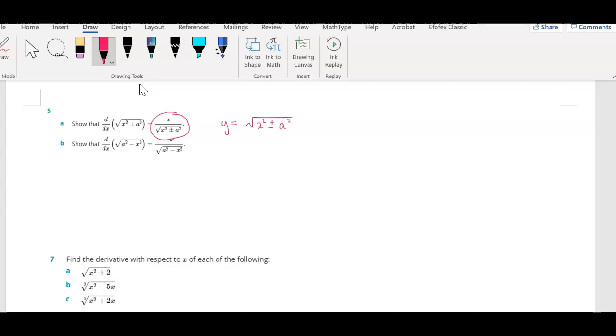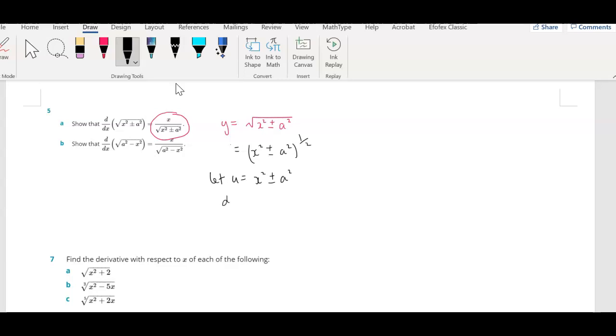Okay, so we've got dy dx. I'm just going to rewrite that first as x squared plus or minus a squared, and that's to the power of a half. So I'm going to find dy dx, we're going to let u equal x squared plus or minus a squared.